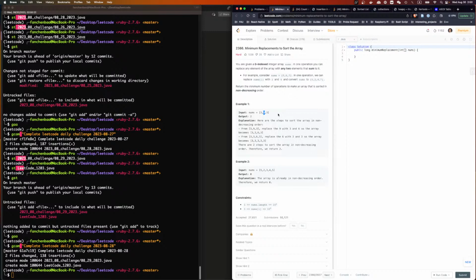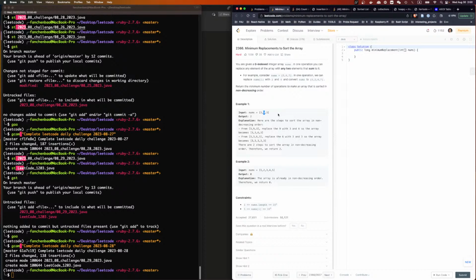You split this one out, and then you have a remaining. And if this remaining is still bigger, then we just keep splitting until it becomes a smaller one, and that becomes a new limit.